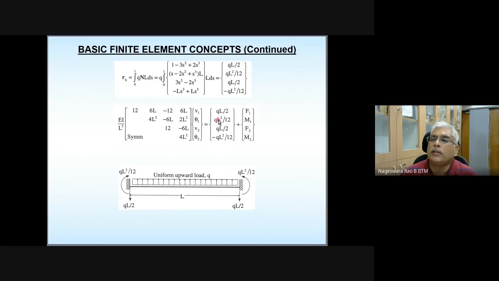So this is positive, so it should act in the counterclockwise direction. But it is shown in the clockwise direction. Again, we'll see why. And this one is negative. If it is negative as per the convention, it should be acting in the clockwise direction, whereas it is shown as though it is acting in the anti-clockwise direction.